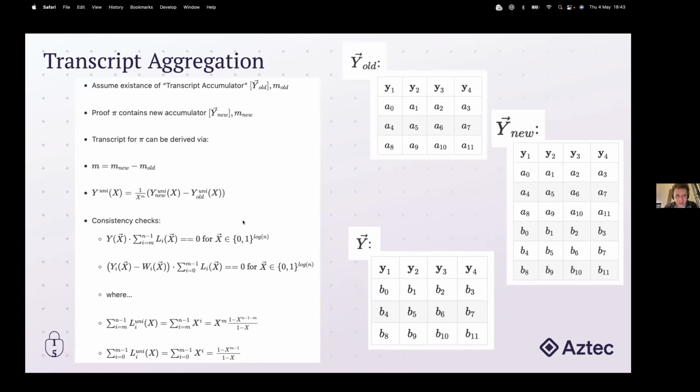And similarly, you do this copy check again, where you're saying that for the first m rows of your circuit, where the w_i are the commitments to your circuit, your transcript polynomial and your circuit polynomials are equivalent, because you're writing instructions into your transcript.